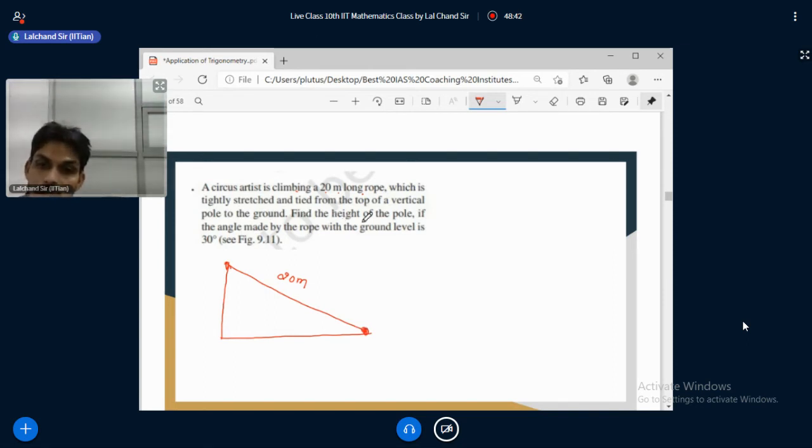Find the height of the pole if the angle made by the rope with the ground level is 30 degree. Okay, so we need to find the height h, with points a, b, c. So can you calculate the h value now? Krishna, can you calculate the h value?